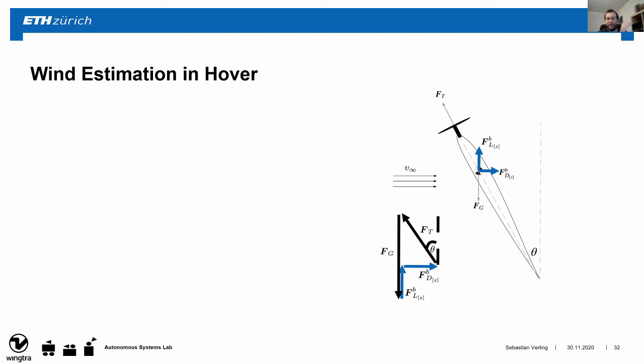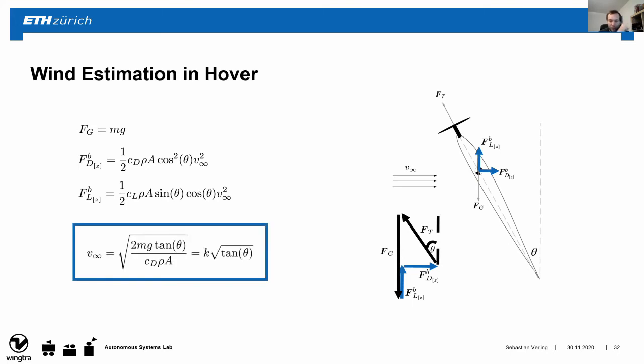Assuming that lift and drag force behave qualitatively like a flat plate, we can find this relationship here that can be simplified to the following equation, where we can say that the free stream velocity is proportional to the square root of the tan of the pitch angle.